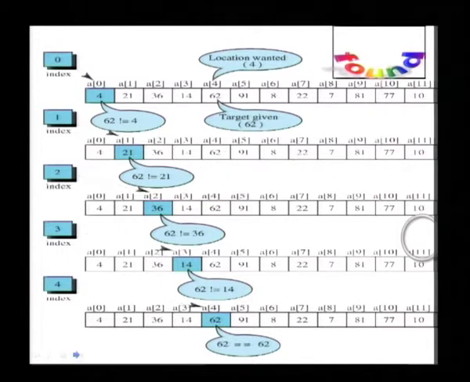The comparison of 62 and 4 definitely results in the fact that they are not equal, and the next comparison would be with the element at index 1, which is 21, and so on till we come to the third element, for example, where again a comparison with 62 is made with the value which is there, which is 14, and after 5 iterations the element 62 is found for the first time in the array index 4, and this is considered as a discovery or a successful search where the search key has been found.